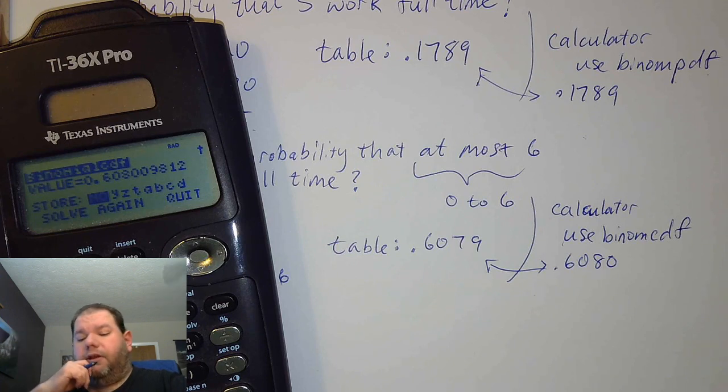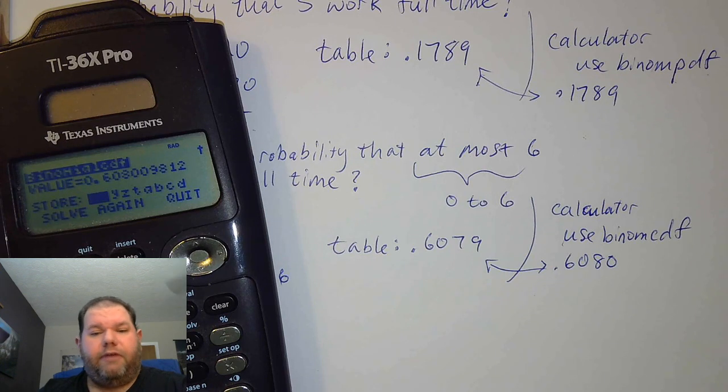Rounding, exactly. Which is always the main issue that we run into when our answers don't turn out quite exactly the same or where we expect them to be. It's always a rounding issue.